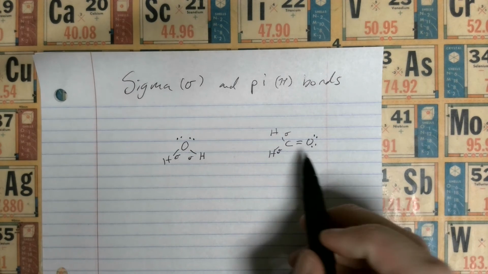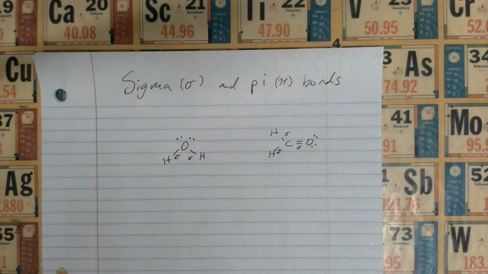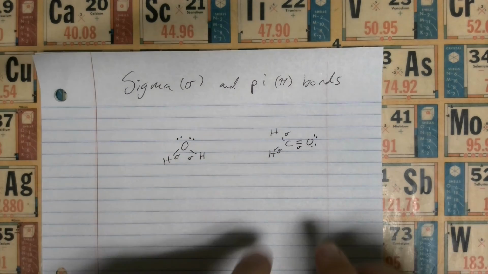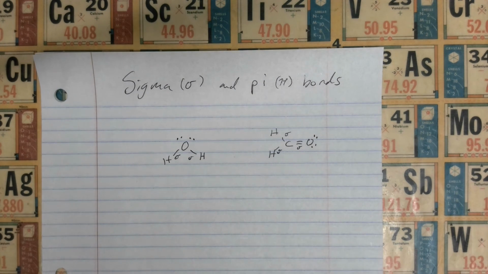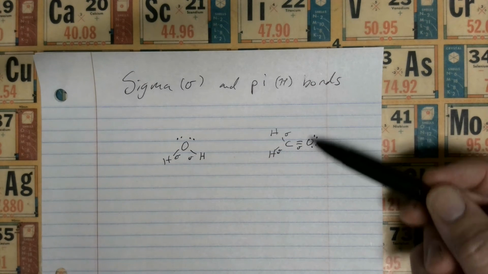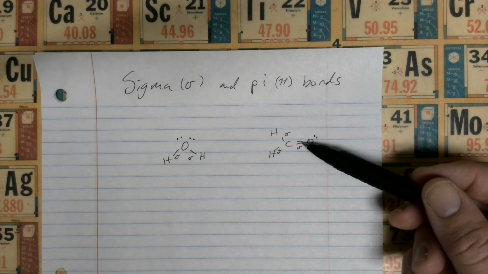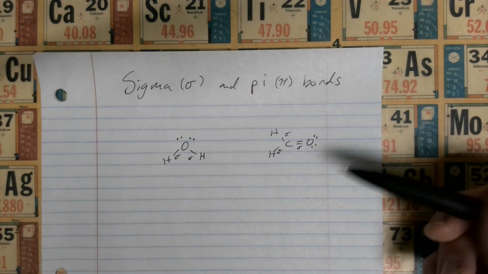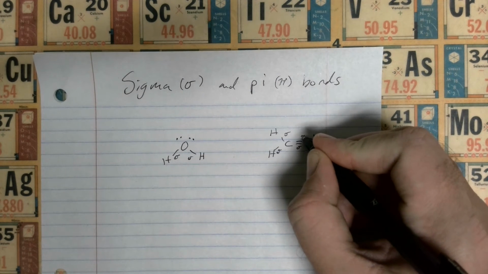But then you have a sigma bond here in the double bond, and what's going to happen is there are empty or maybe partially full orbitals above and below this sigma bond. And so there's an attraction, and that attraction is going to form a pi bond.